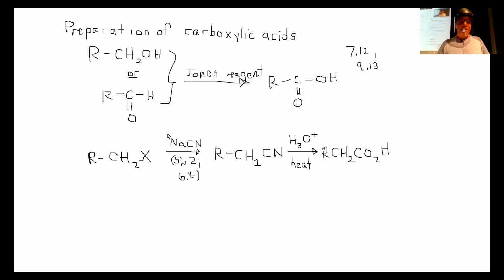So the cyanide ion undergoes SN2 displacement, attacks the carbon that bears the halide. We expel the halide ion, and we get the nitrile. So this is another way of making carboxylic acids that's especially convenient if what you need happens to have a primary carbon over here. Both of these are rather high yielding reactions. I would expect reactions like this to be used in the synthesis industry all the time.